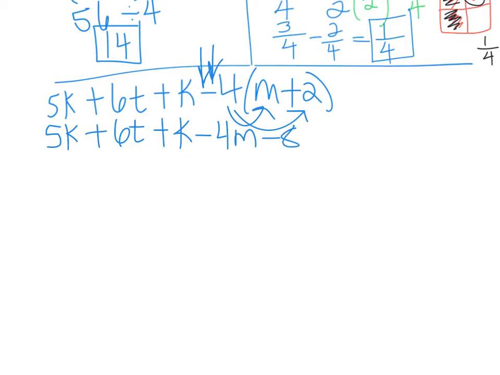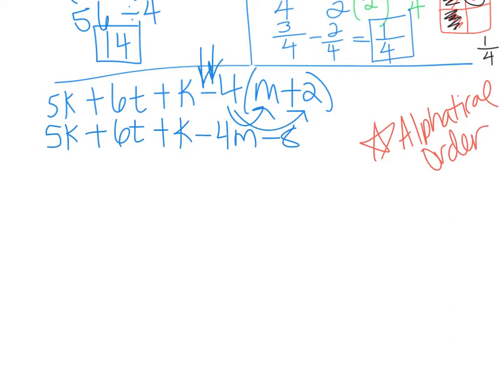So then I just need to combine my like terms. So let's start off with the k's. You always need to go in alphabetical order. I don't know if I spelled alphabetical right. It's okay. So k comes first, so that's the variable that we need to start off with first.